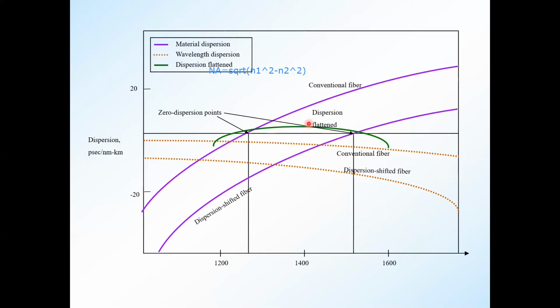How do we obtain this? By changing, as I said, the refractive index profile, not only of the cladding but also of the core. So in the core we put a step quantum well step, because of which you are able to get this flattened profile.